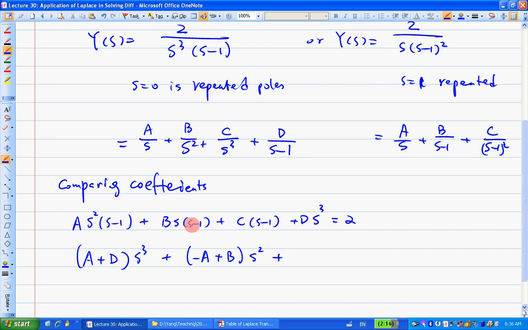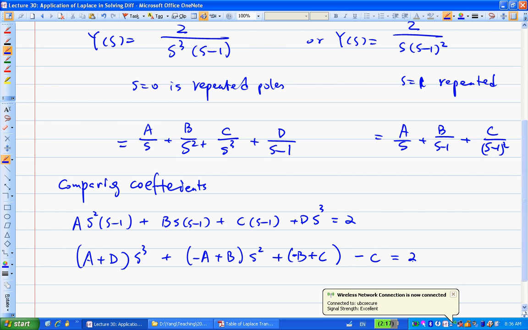How many s terms? There's a B here, negative, and there is a C. That's it. How many constants? We have only 1.